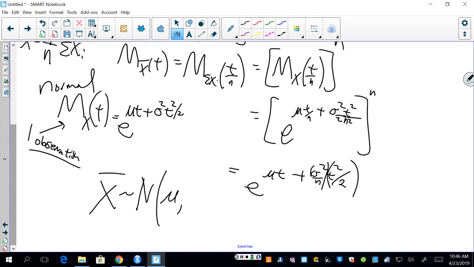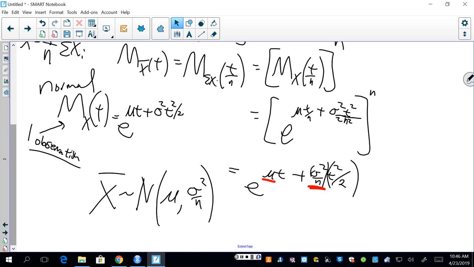And the variance then is sigma squared over n. Here's the mean mu, and here's the new variance for that. So it's a distribution that becomes more centered. So when we started out with a normal sample, this distribution of x bar is one of the distributions that comes out of that distribution through transforming it, through taking their average.